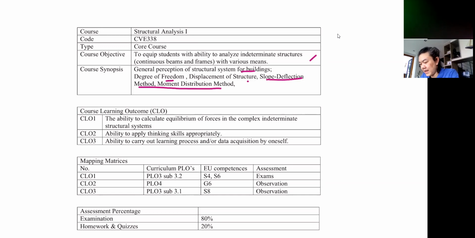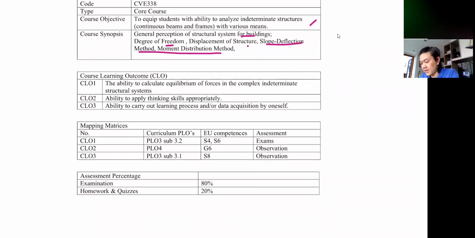And this is the course learning outcome. If you are interested, this is the direct relationship with the competence of the EU classes. And I don't have the hobby, maybe I will add that in the future. And generally, this is the grading for this class.